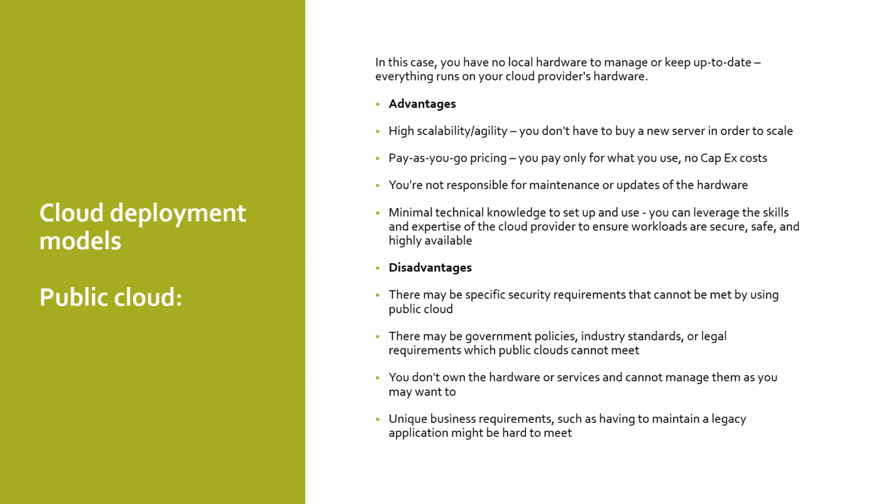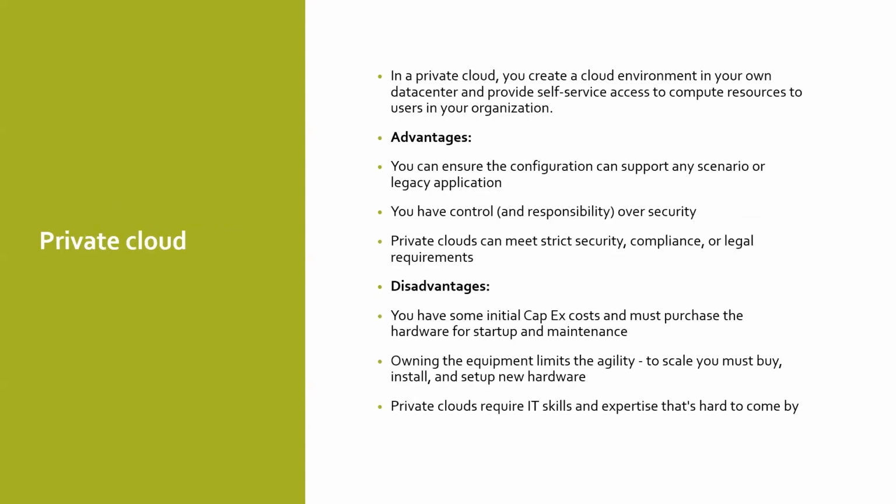Let's go to the next deployment model, private cloud. I said three deployment models: public cloud, private cloud, hybrid cloud. We just discussed public cloud. Let's go to private cloud. In a private cloud, you create a cloud environment in your own data center and provide self-service access to compute resources to users in your organization.